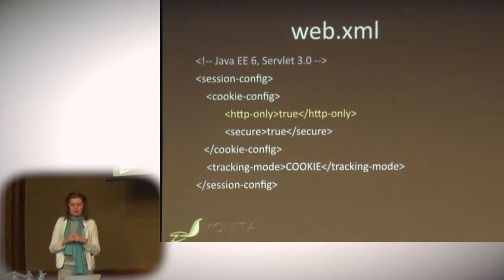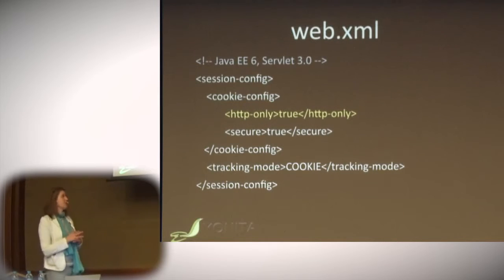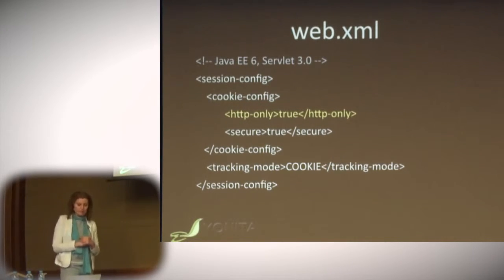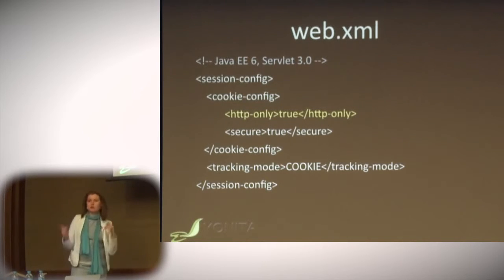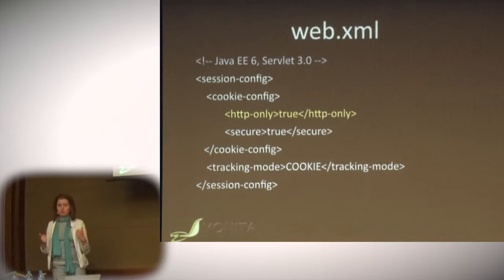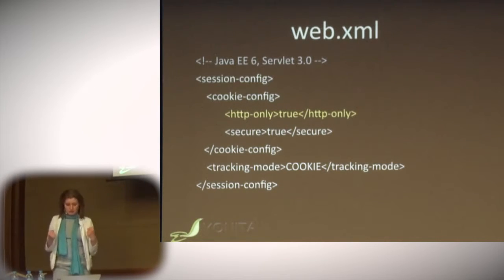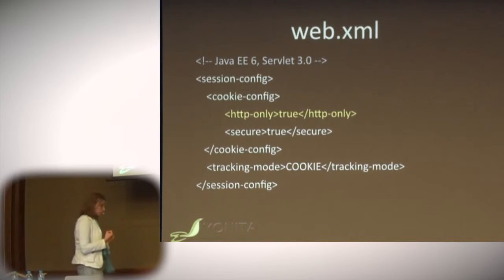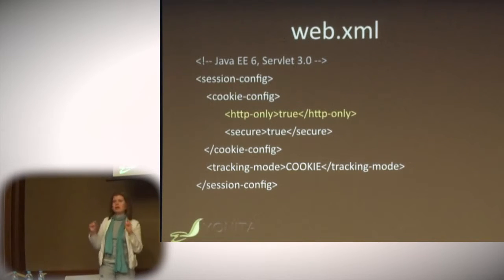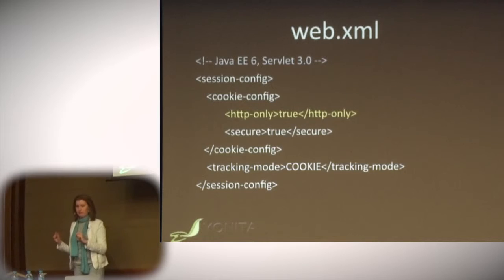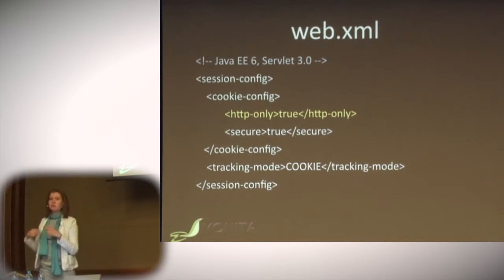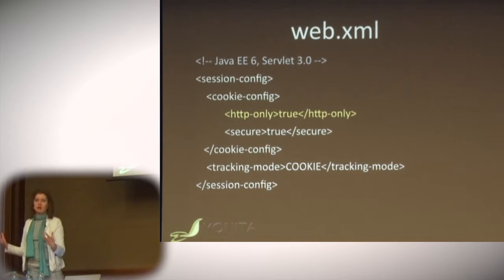But in case of web.xml and session config, we need to pay attention to one parameter, HTTP only, to set it to true. The default is false. What does it mean setting that to true? It means that JavaScript code won't be allowed to access our cookies. So document.cookie will return an empty string or null.